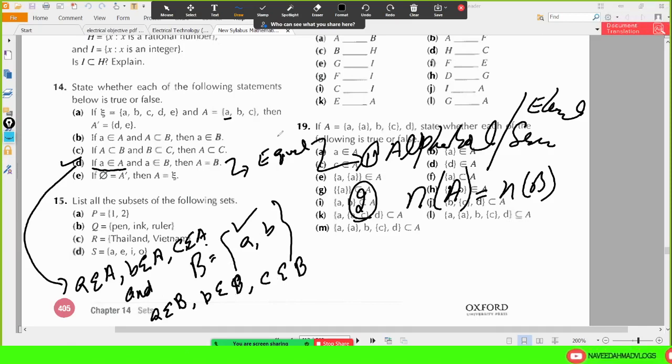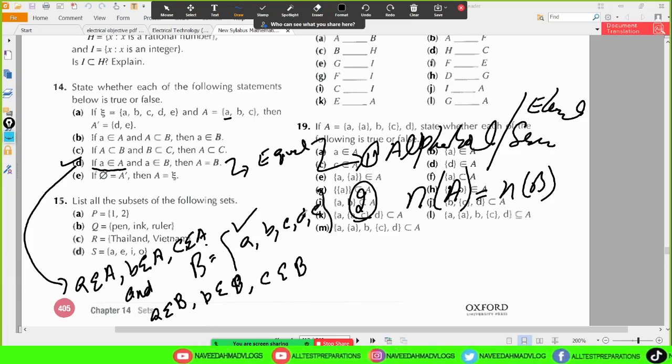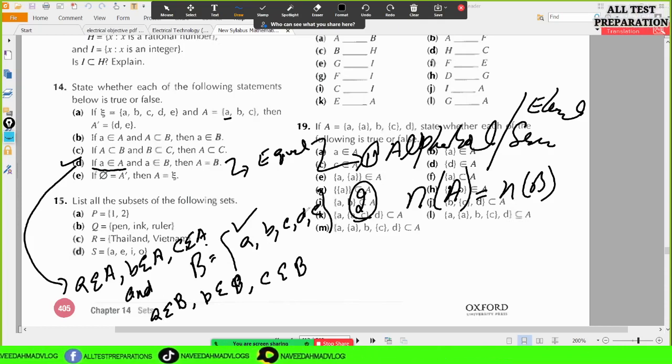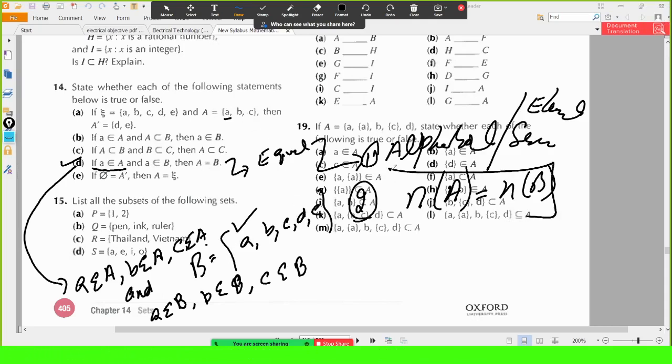Because the B set is not given to me. If I take B set like this, if I say that this is my B set, then A is an element of set A, set B, B is also an element of set B, C is also an element of set B, but D is an element of set B, but D is not an element of set A. So this is not satisfying.